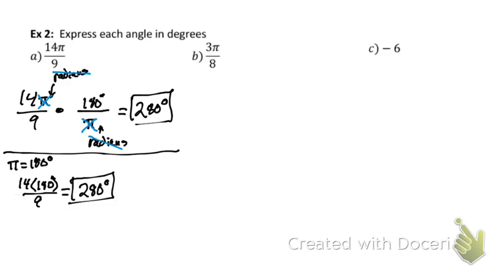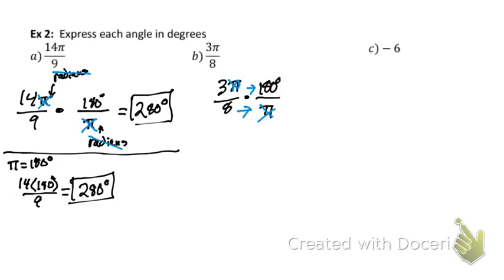All right, our next one, we have 3 pi over 8 times. This time, I'm just going to put pi on the bottom. We just, in our head, are going to know that radians are canceling out. And we'll have not 360, but we're going to have 180, because 180 equals pi. Our pi's would cancel out. We'd multiply straight across.